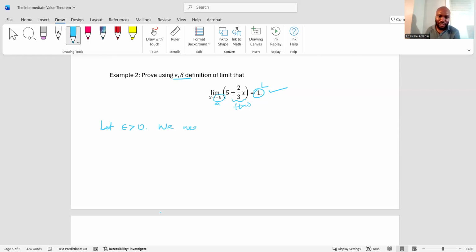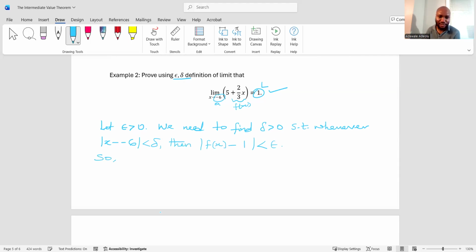So we need to find a delta which is positive such that whenever the distance between x and our a, which is -6, is less than that delta, then the distance between our function and the limit is less than our epsilon.